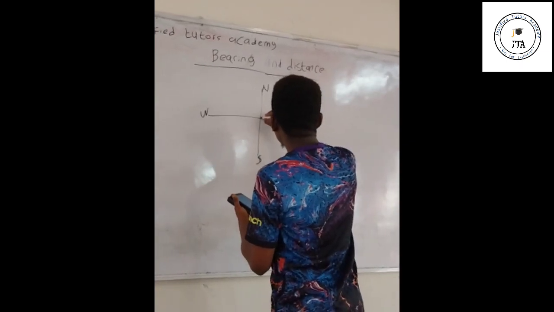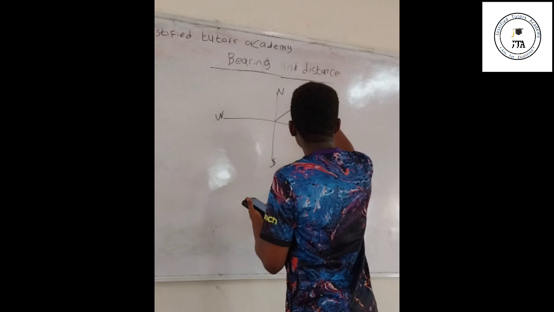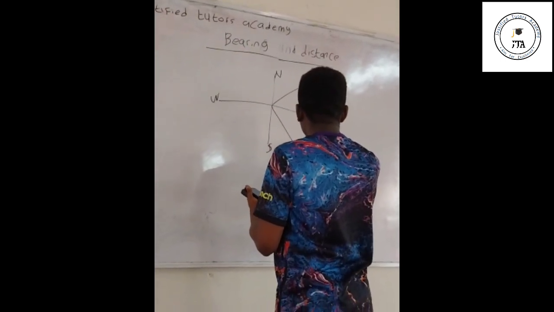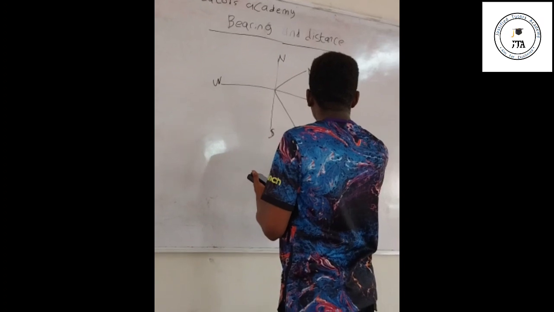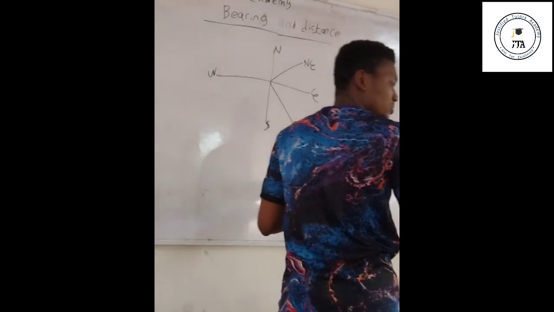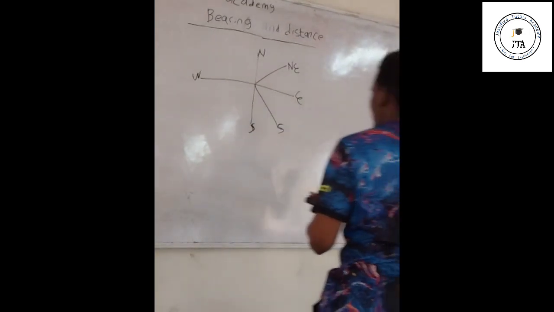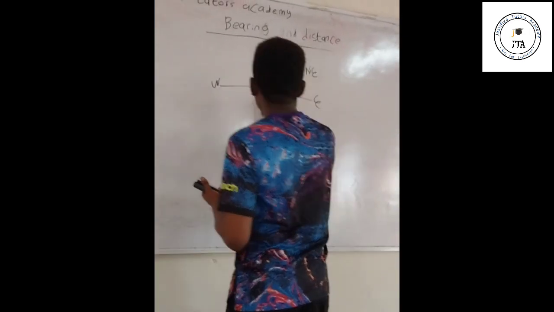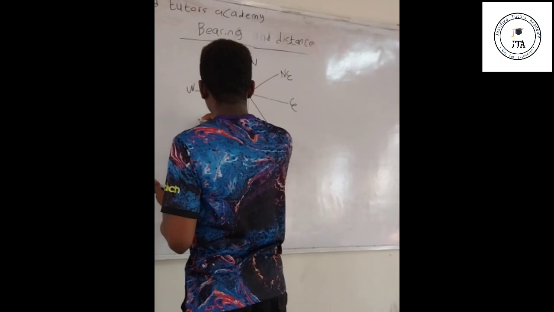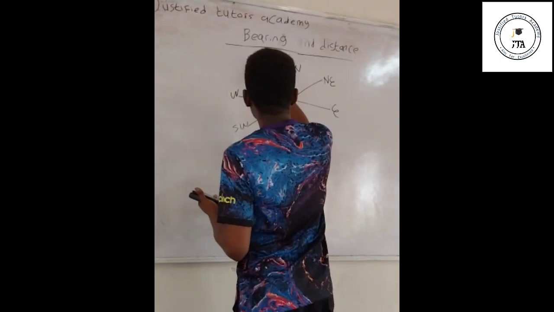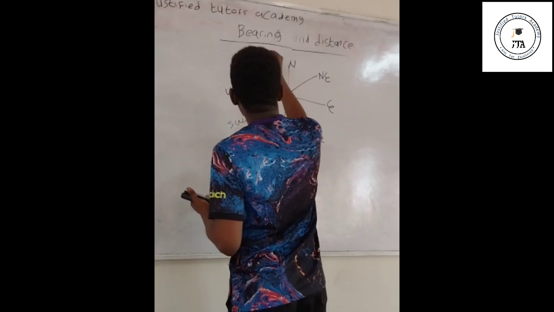We now have other directions around here. We call this one the northeast. We call this the southeast. Then we call here the southwest, and then we call here the northwest.